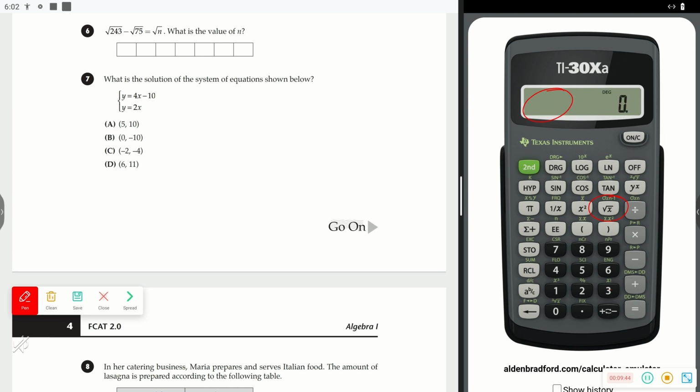So what we're going to want to do is start finding the prime factors of 243. So we're going to do a factor tree of 243, and then we'll do a factor tree of 75. For 243, it's not divisible by 2 because it's not even. So we're going to go to the next prime number.